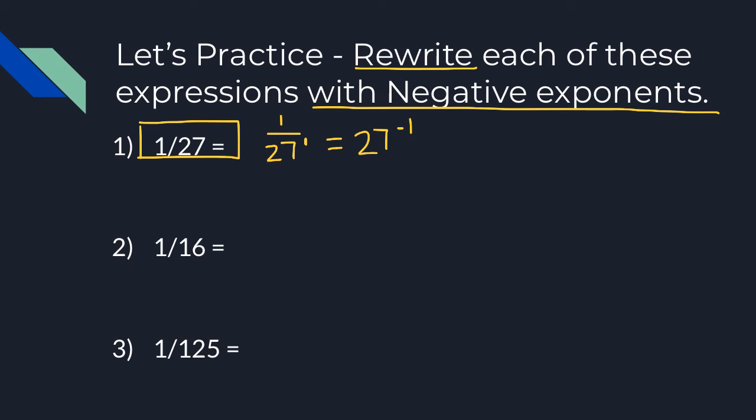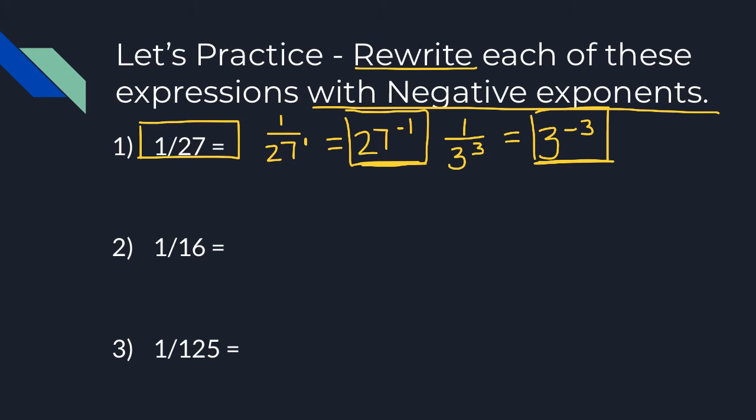But if you want to be just a little more fancy, 1 over 27 is also 1 over 3 cubed. If you don't believe me, do 3 cubed in your calculator. In this case, move it back up and reapply the negative to your exponent. There's actually 2 answers. Either one would be okay. This first one's pretty basic. The second one's a little more fancy.